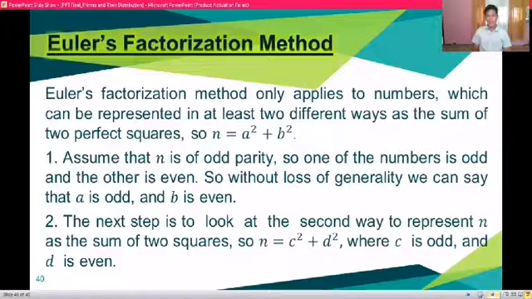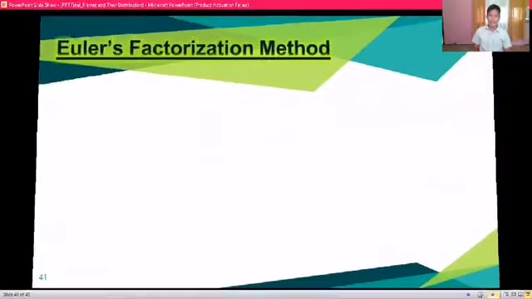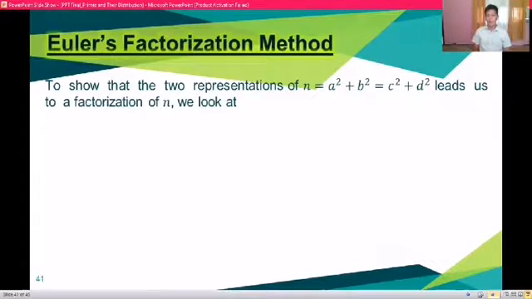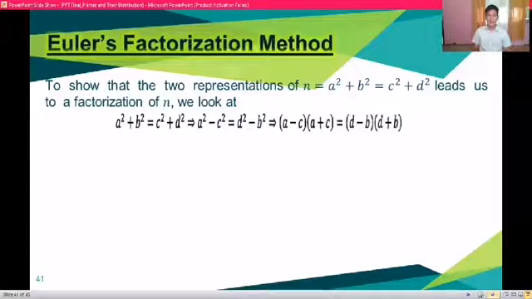And then, our a and c here are odd, always odd according to our definition. Okay? To show that the two representations of n, a squared plus b squared equals c squared plus d squared, lead us to a factorization of n, we look at a squared plus b squared equal to c squared plus d squared.